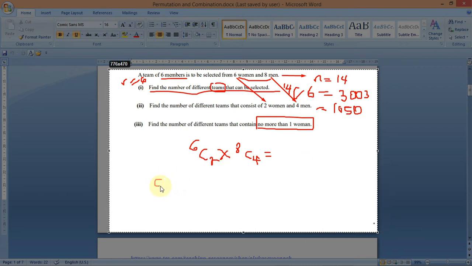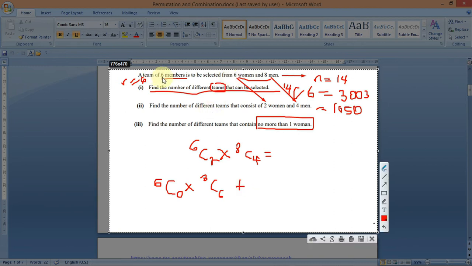So all the women together is 6. So 6 combination 0, that is no woman, times all men, which is 8 combination 6, because I want to form a team of 6 members.